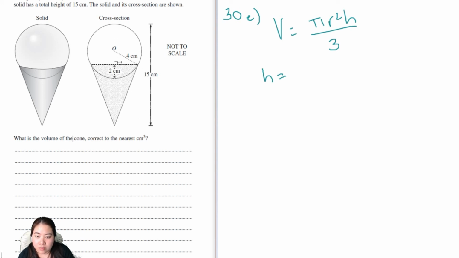That means we have to get rid of this height, which will be 6 centimeters. That's 4 from the edge to the middle, and that's another 2 in here, because since that's 2, this has to be another 2 to make the 4 centimeter radius. So we need to take away 6 centimeters.